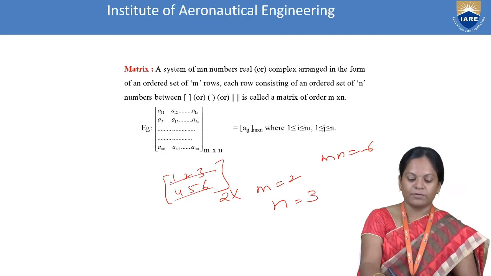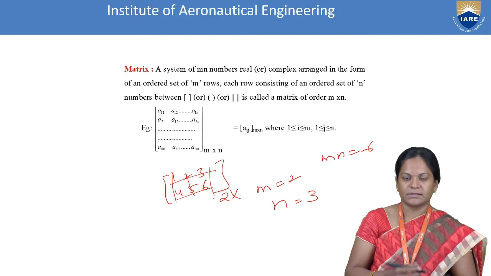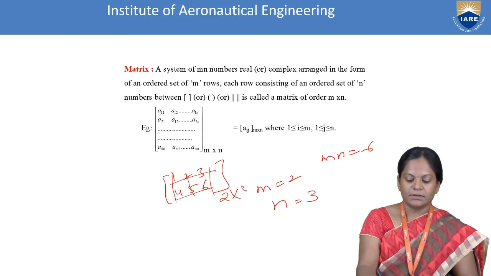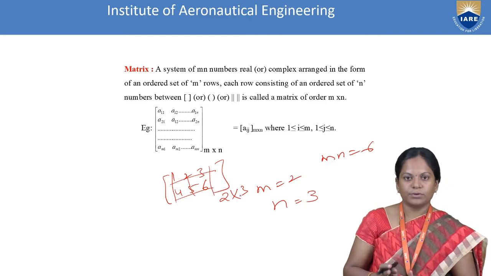How many columns? Here we have 1 4, 2 5 and 3 6. These are 3 columns. So 2 into 3 is nothing but the order of the matrix. We read it as a 2 by 3 ordered matrix. In the matrix, we have real numbers or complex numbers.